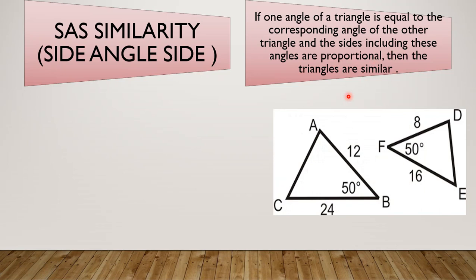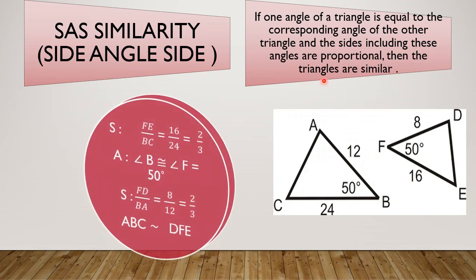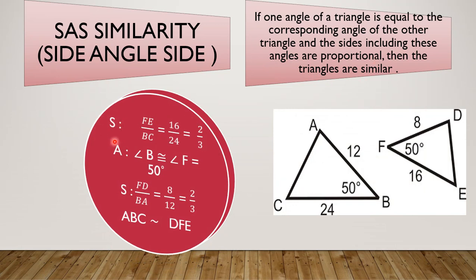As we observe in this figure, let's talk about the side. When we take the ratio of FE upon BC, that is equal to 16 upon 24, which is 2 by 3. Take angles: angle B and angle F are both congruent, equal to 50 degrees.